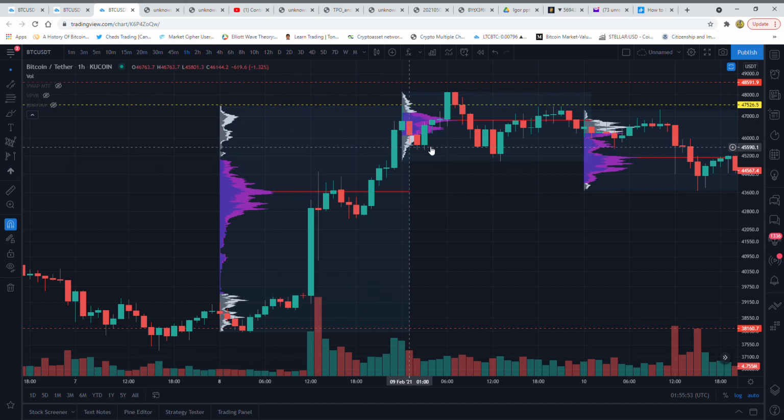So I'm not entering here, yeah, I just wait. If the price goes towards the higher level, I am too late for the party. I'm waiting for the price to retrace.